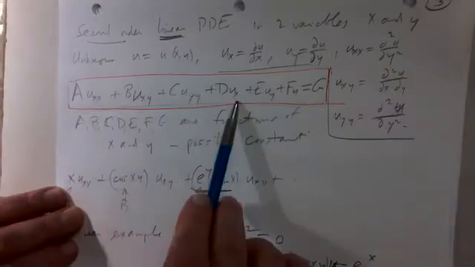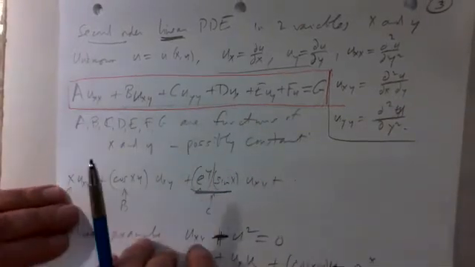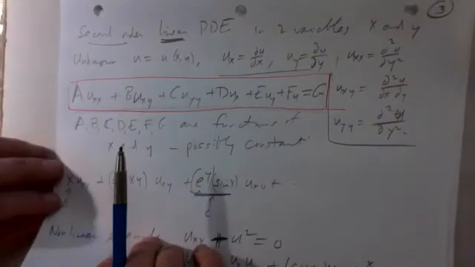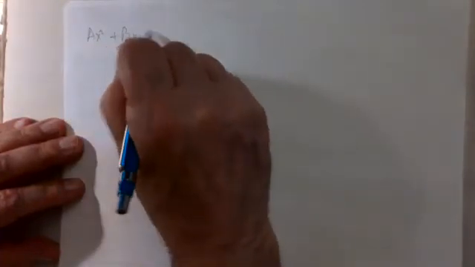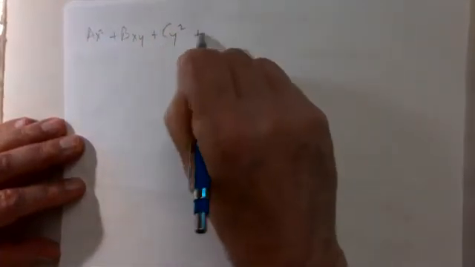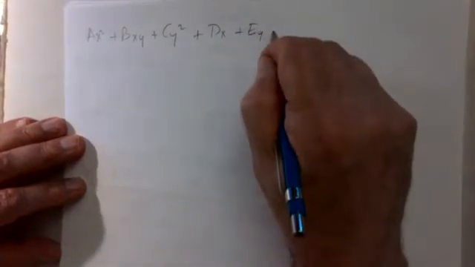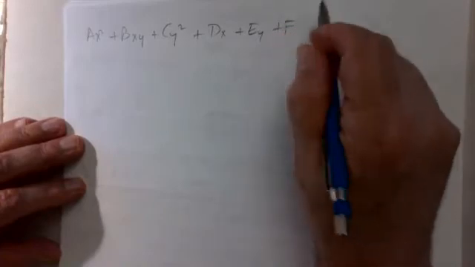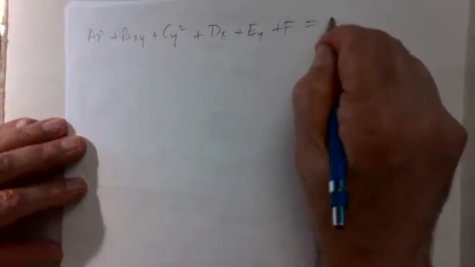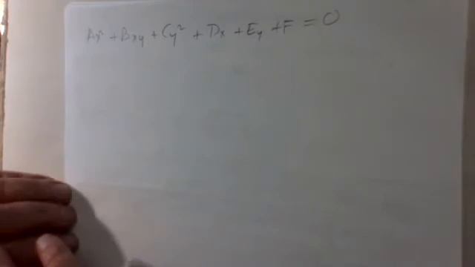So from this equation, I'm going to write an associated quadratic equation. The quadratic equation in two variables is ax squared plus bxy plus cy squared plus dx plus ey plus f. I'm going to make it homogeneous, that means the right-hand side is 0.